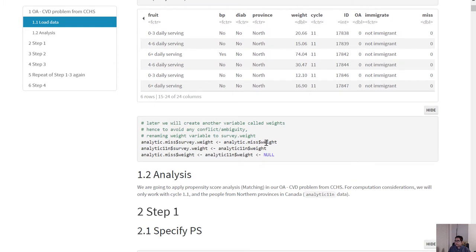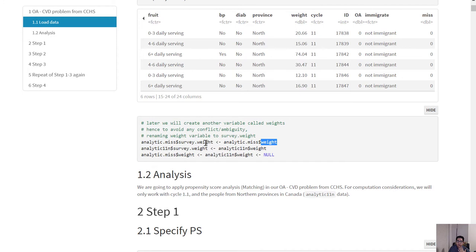Alright, so it is important that I do not have any variable named weight or weights, because the type of analysis that I'm going to do now will create a weights variable in the dataset. It is probably a very good idea to change it.